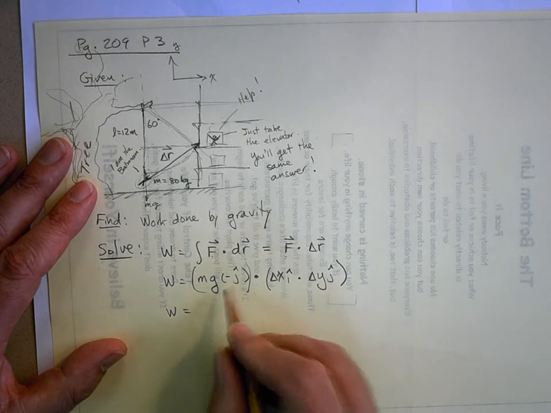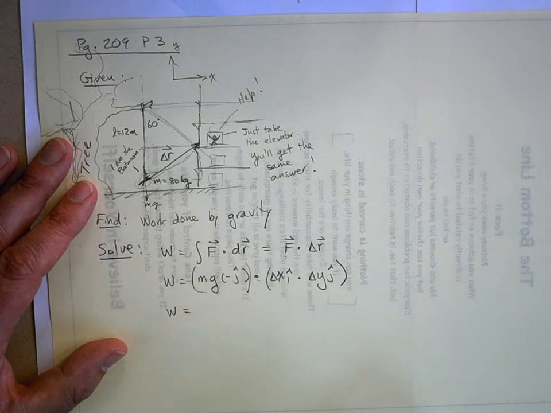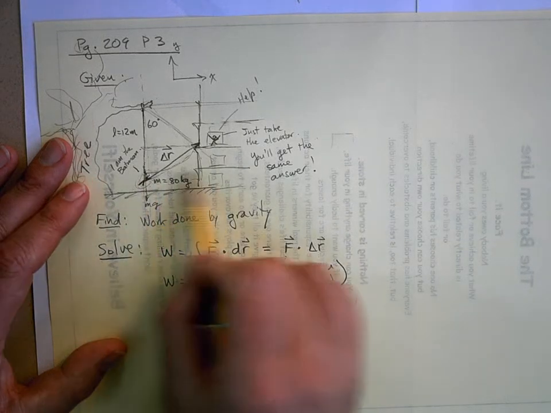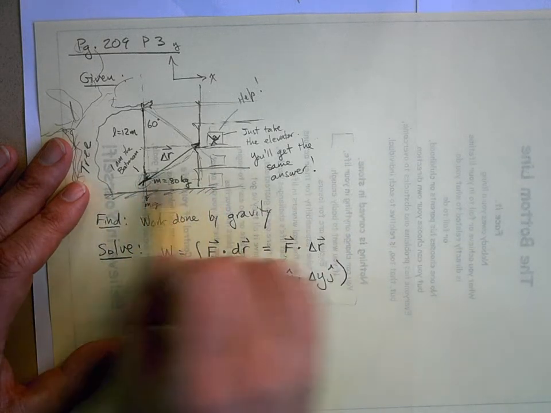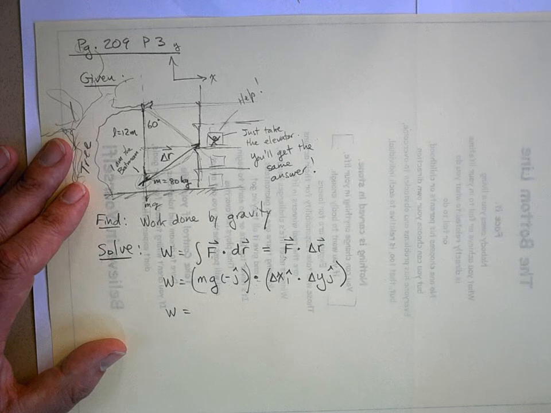Well, it's negative j dot, well, what is j dot i? J dot i is 0. So in other words, gravity's not going to do any work on Batman if he moves horizontally, because that motion is perpendicular to that force. So there's no work done by that force.